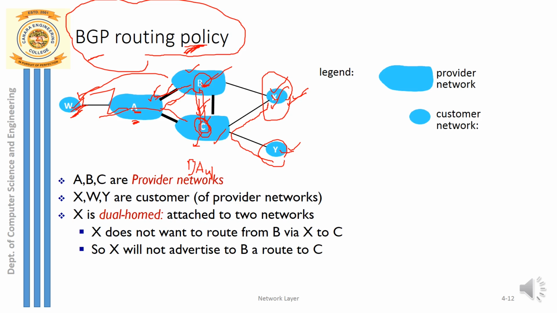But if X wants to send a packet, say to W, in that case, how will X do it? X can actually send the packet to B and then from B to A, then from A to W, right?